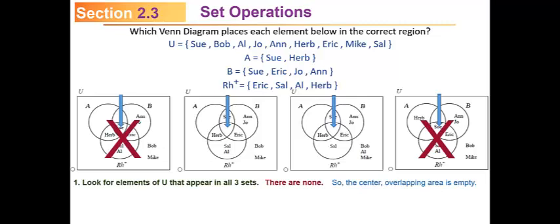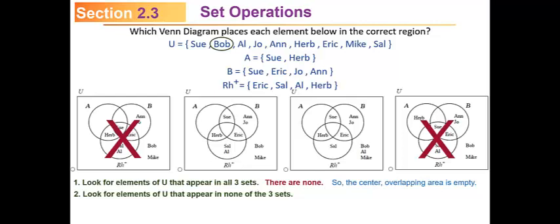Now the other extreme would be to look for the elements that appear in none of the 3 sets. In other words, is there someone whose name doesn't appear in A, B, or Rh plus? If you go through and look, you notice Bob is not in there. And if you go one by one, near the end you find another, and that's Mike. Mike is also not in any of those sets.